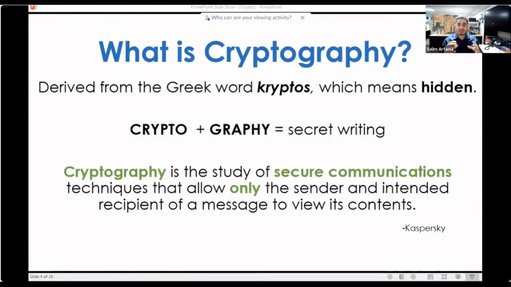In computer science, cryptography refers to secure information and communication techniques that are derived from mathematical concepts and algorithms. All of this is just to transform messages in ways that are hard to decode. We're communicating over the network, and we want to make sure that our communication is secure.